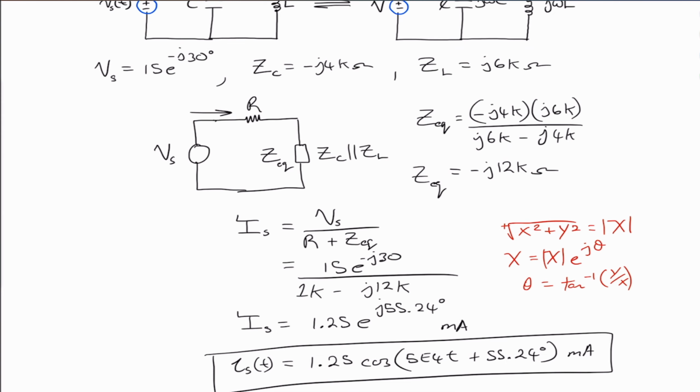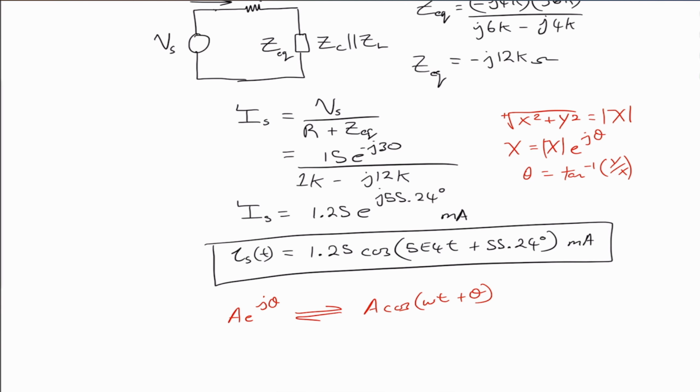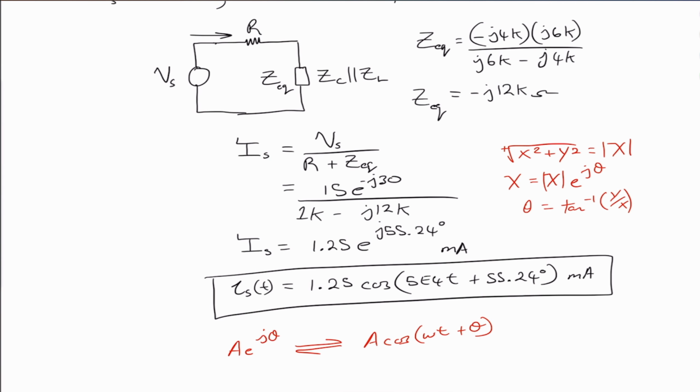So that's inverse tangent. Our relationship for the phasor domain to the time domain is always A e to the j theta goes to the time domain as A cosine omega t plus theta. So that's all we used to manipulate our equations in complex algebra, or in the phasor domain, back to the time domain.